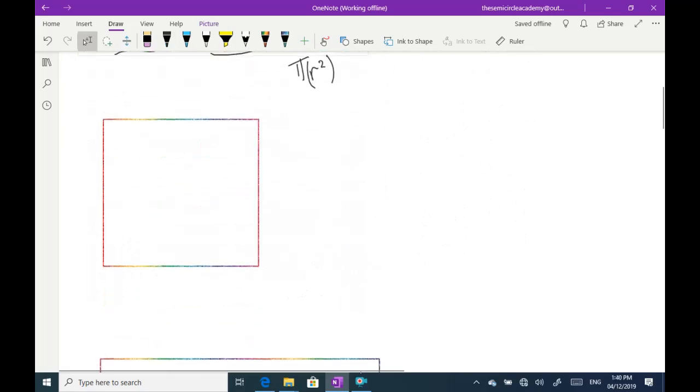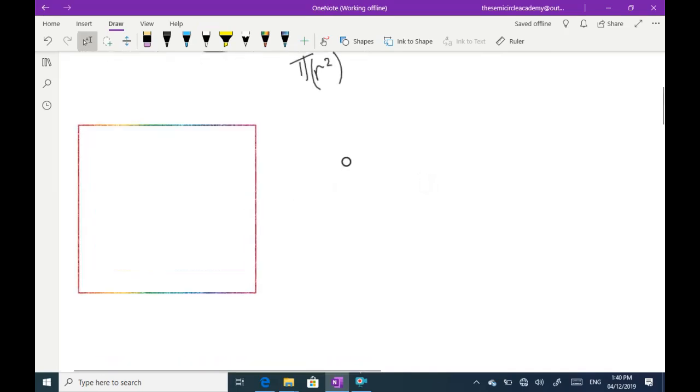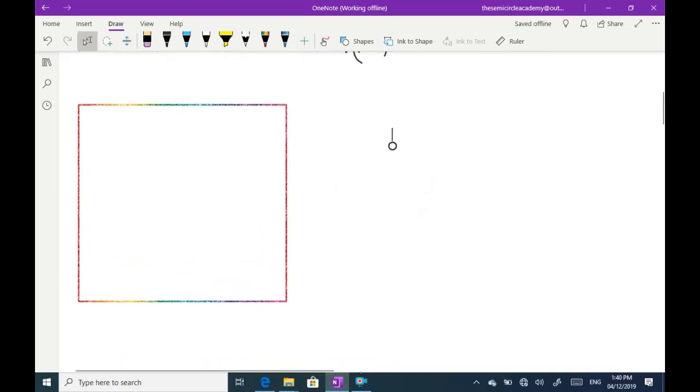So I have a square here, right? And let's just say that this square, of course, a square has all equal sides. So let's just say they give us the length of one of the sides to be 10 centimeters.